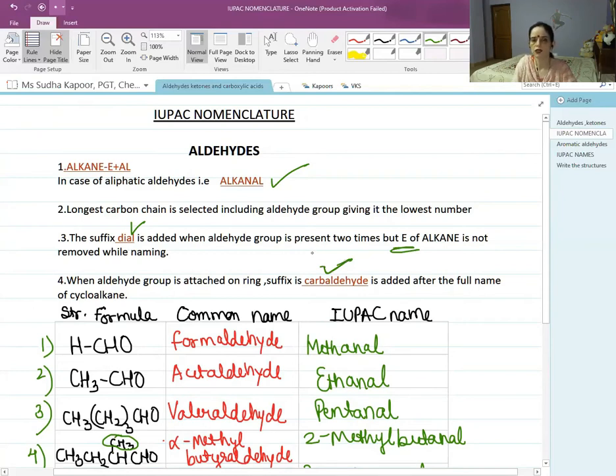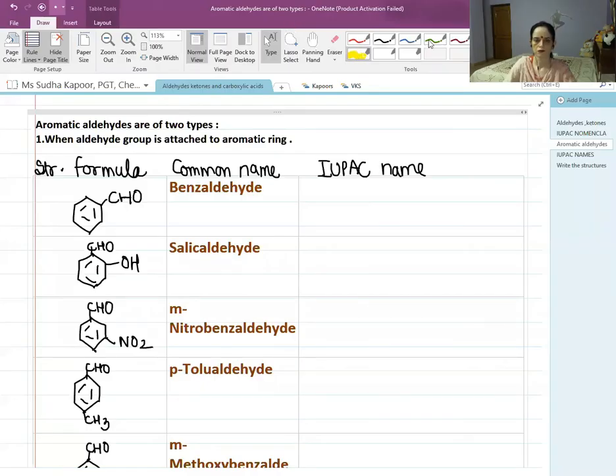Now let us come to certain examples in which the aromatic part is present. So let us see certain examples of the aromatic ring also. Now we come to the aromatic aldehydes, that is, having the aromatic ring. In the aromatic aldehydes, we have again classified for easier nomenclature: when the aldehyde is directly attached to the ring and when the aldehyde is not directly attached to the ring.